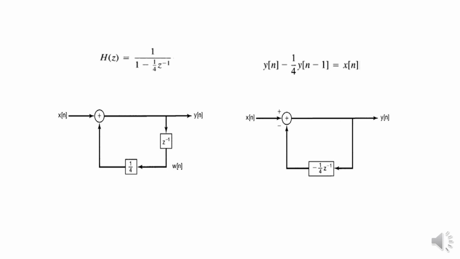So here, by combining 1 over 4 and z to the power minus 1 and the minus sign, and here this addition below you can see it is given as negative.